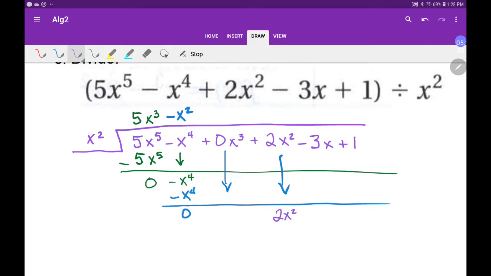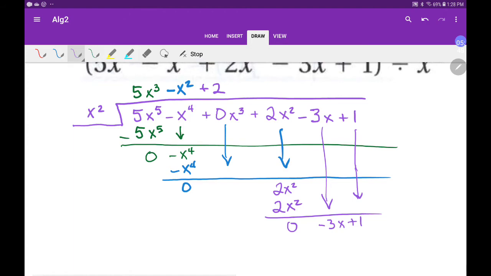So the next thing to come down here is 2x squared. And I say, what do I need? Well, all I need is a 2. So I'm going to add a 2 there. 2 times x squared. There we go. Boom. I get 0. This stuff, negative 3x. And also, might as well bring this down while I'm at it, plus 1. There's nothing I can do to the x squared to make it a negative 3x plus 1. So that's my remainder.